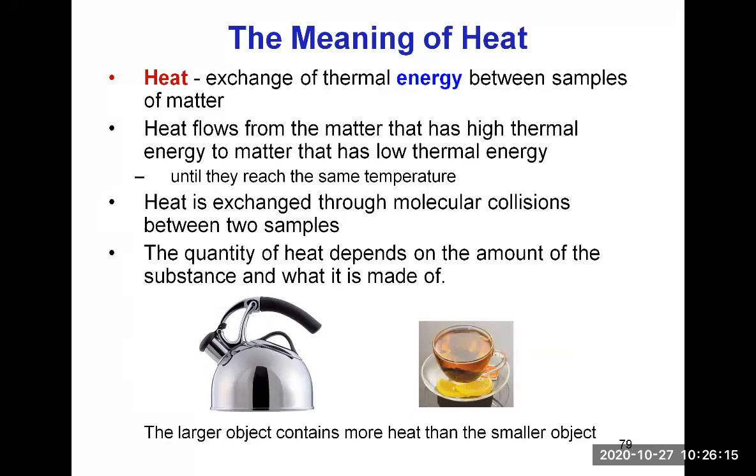You would get burned much more by all the water from the tea kettle than the teacup. The teacup is a smaller amount, and so there would be less exchange of heat from the boiling water to your skin than from the water from the tea kettle. So heat depends on the amount of the substance and what it is made of also.